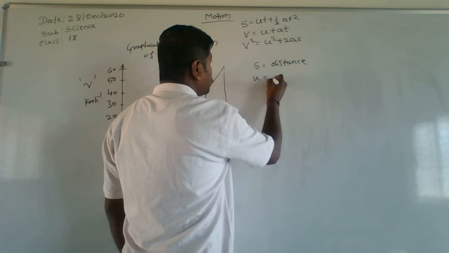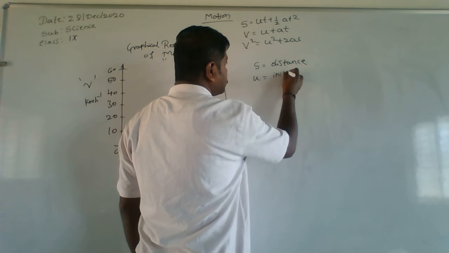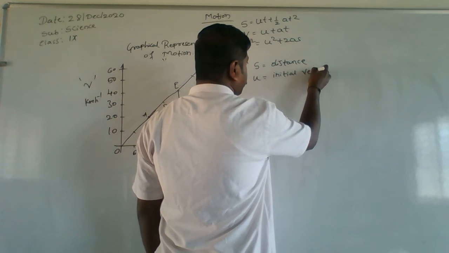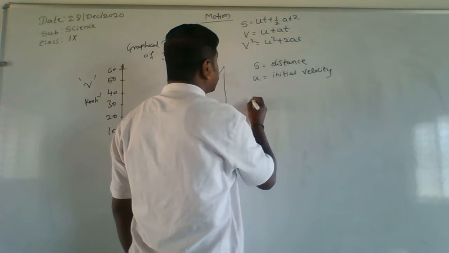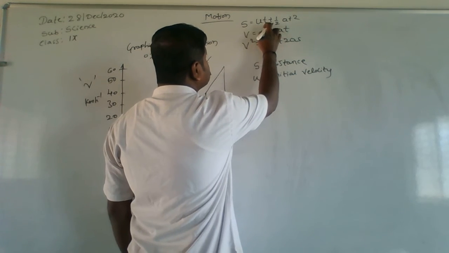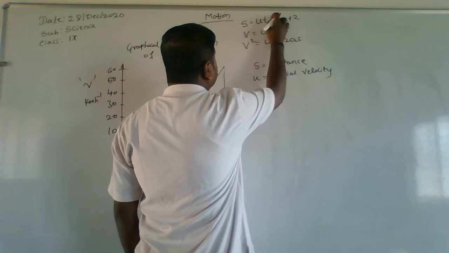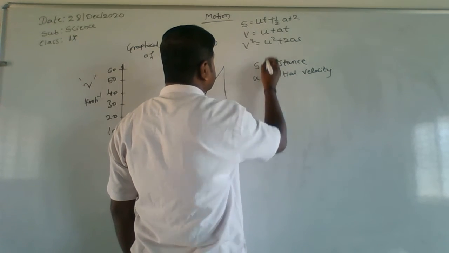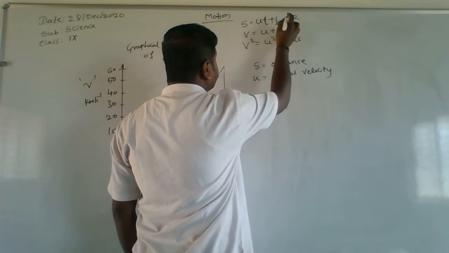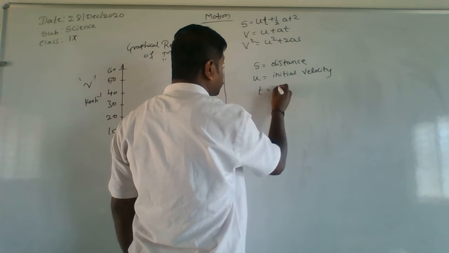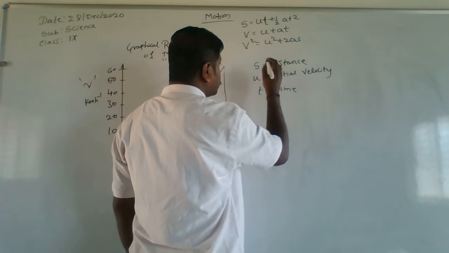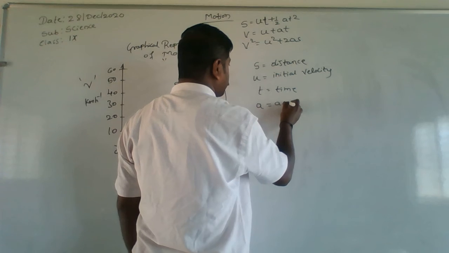Then u, I think you have not forgotten, it is initial velocity. Then ut plus half at square. So this is t. T means time, then a is acceleration.